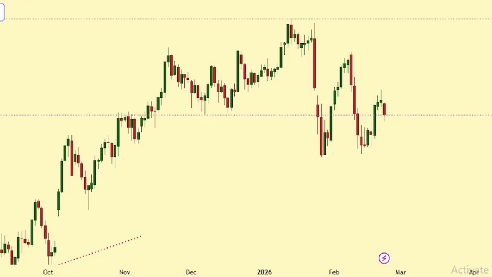So now, what is supply? Supply zones na area where sellers enter market with strength. Not every red candle be supply. Not every pullback be supply.